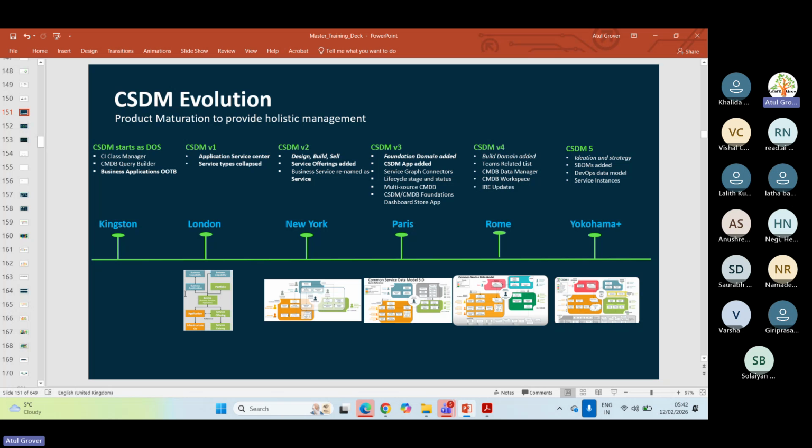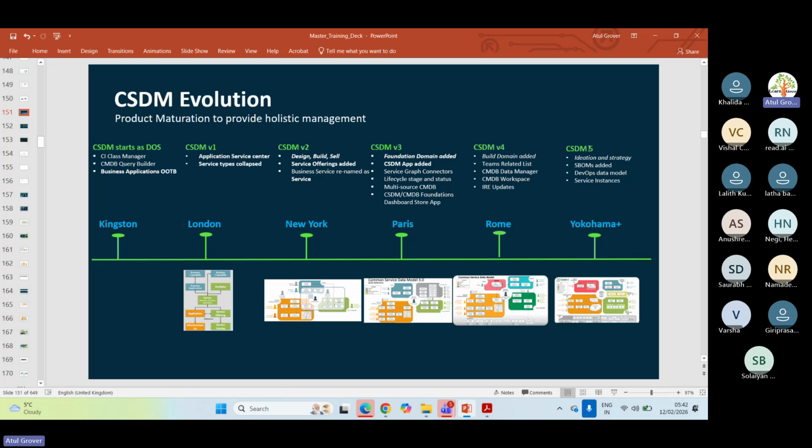But in recent years, like in 2022, 23, 24, it started getting in the limelight and companies started using it. So we are on CSDM 5 now. There was a time when it was just CSDM 1. They started with V1, V2, V3, V4, and now they call it 5.